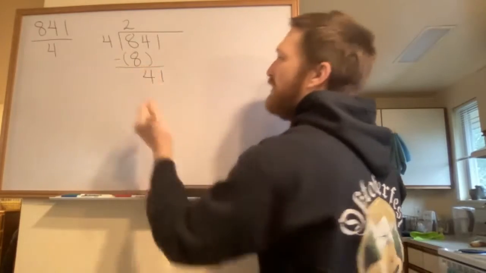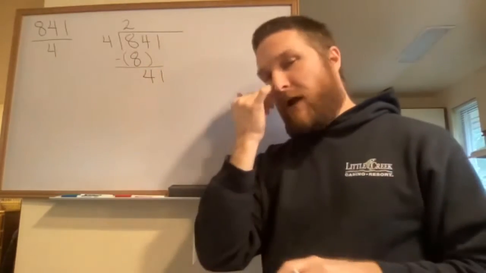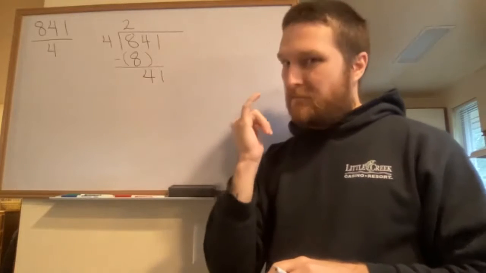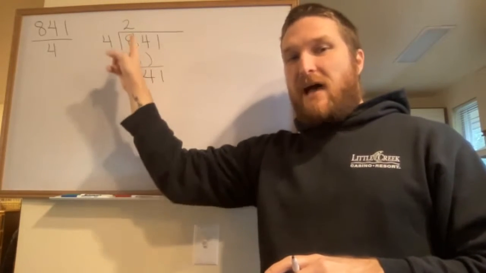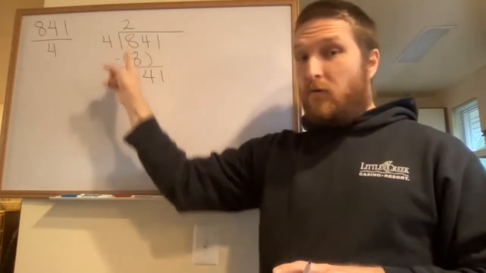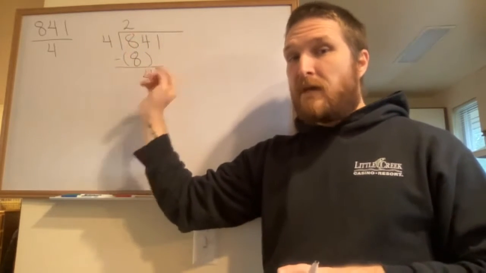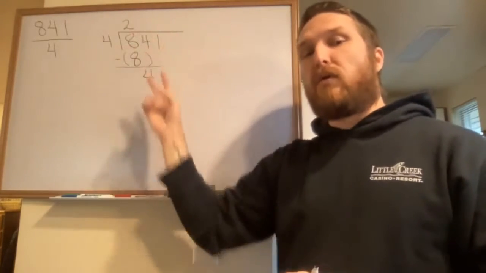The 4 and the 1 drop down. I'm not going to write the 0 for the 8. I'm not going to write any zeros. Well, we're going to write some zeros today. But the thing cancels itself out. And with polynomial long division, that's always going to be the case. It's always going to cancel out exactly. And when that happens, I'm not going to write anything down. Then, okay, the 4 and the 1 drop down.